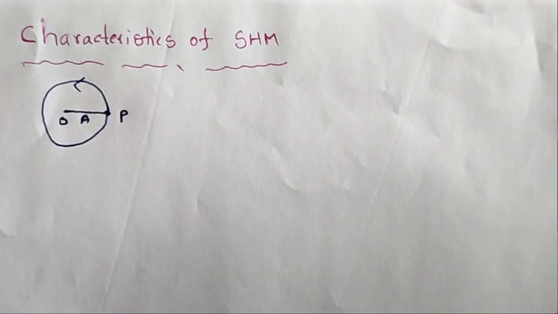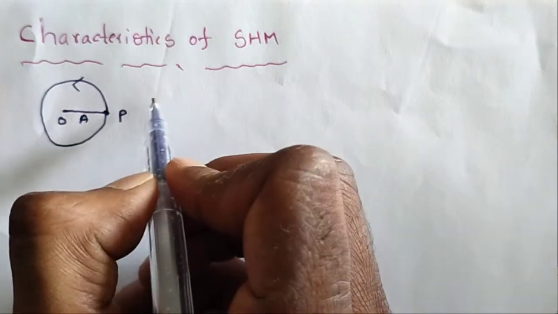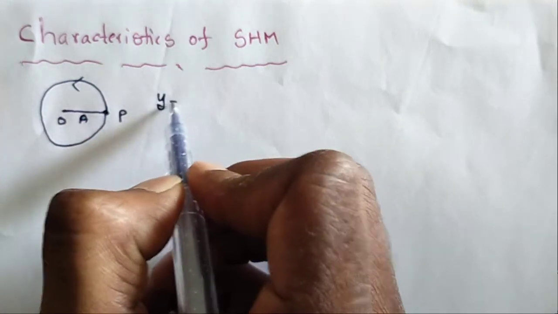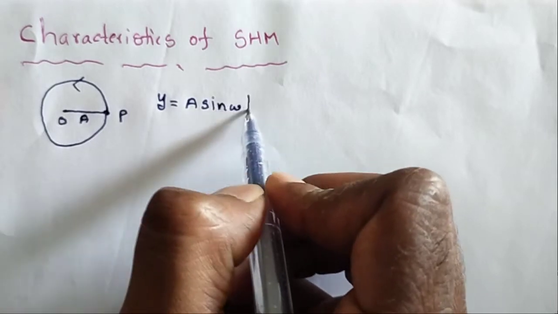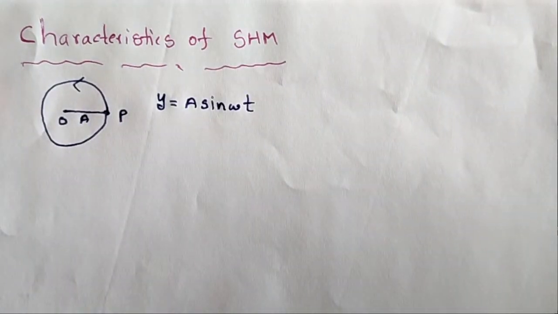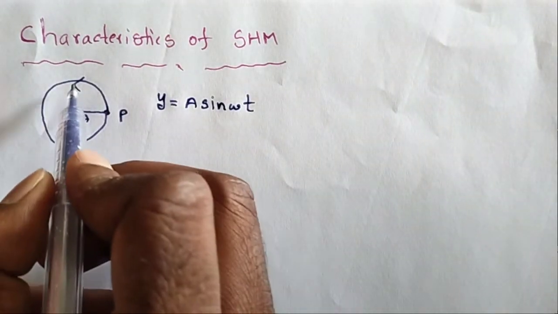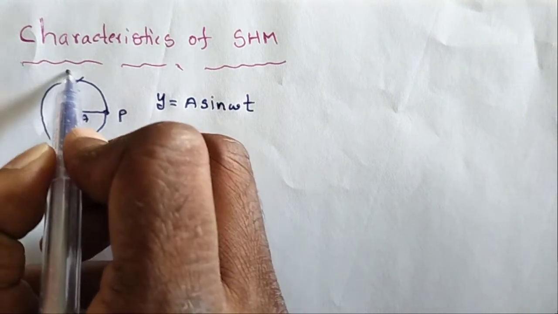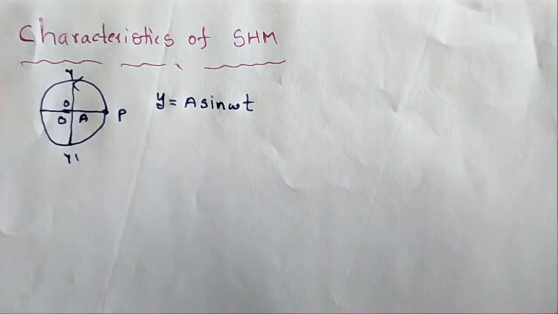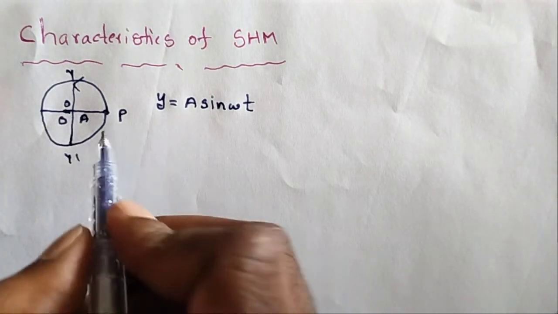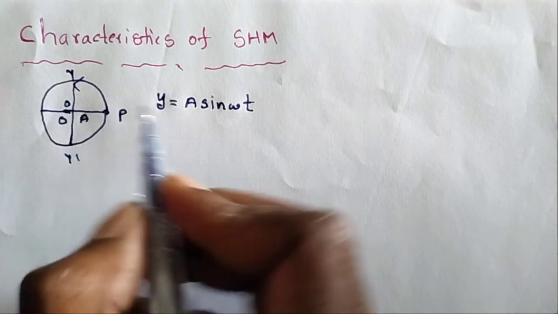So here, what is the displacement equation? We know that y is equal to a sine omega t, on the y axis. I am taking the y axis, Y O Y dash. Suppose I take the projection on the x axis.